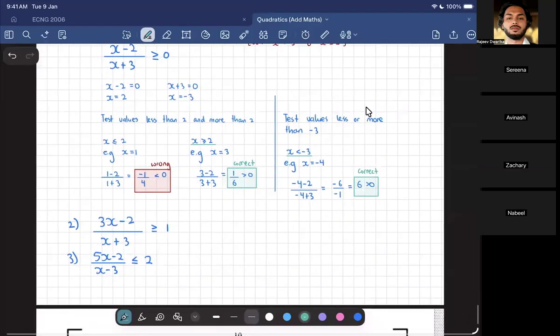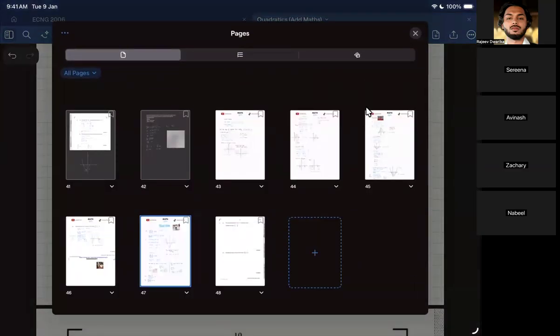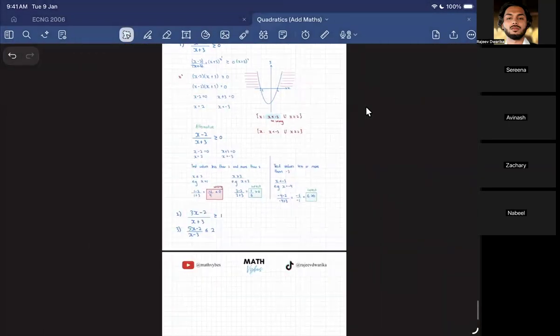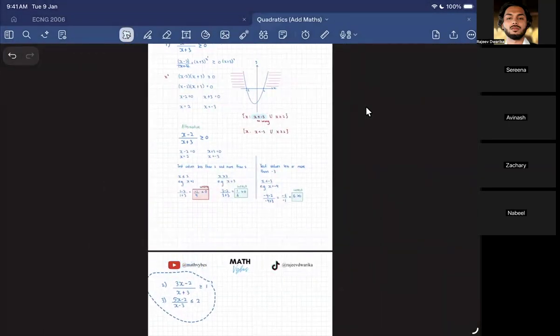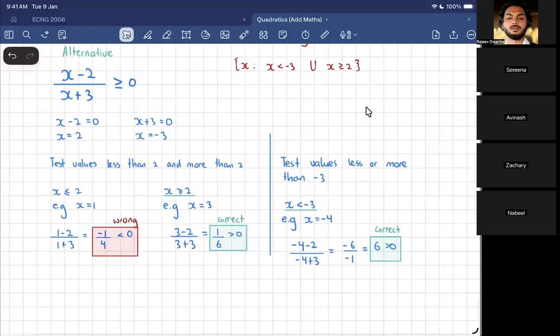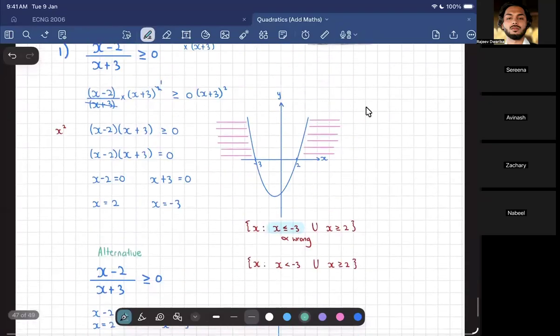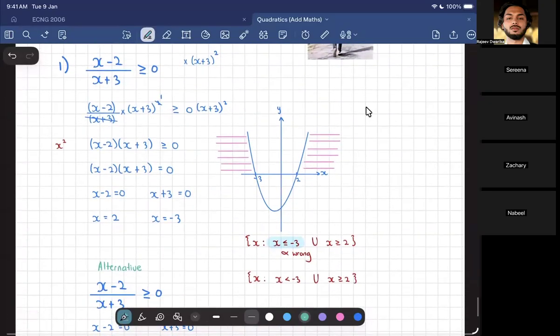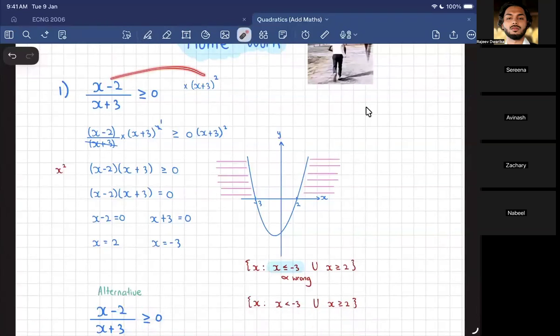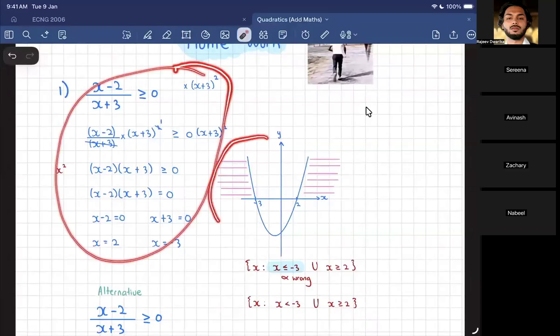So that's another way you could do it, and you don't have to do a graph or anything, and it's really, really simple, I would say, compared to the other method. I don't think you're going to learn that in school, but it's really simple. For questions like these, they wouldn't outright ask you to draw the graph, but I recommend doing it because if you're doing this method, you need to see what the graph looks like.